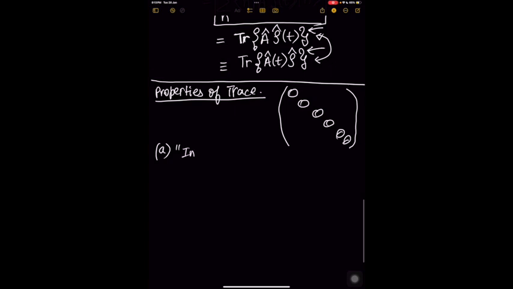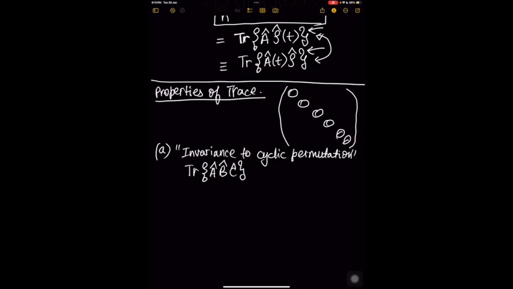it's the invariance to cyclic permutation. So what does that mean? Let's just say you take the trace of 3 operators, A hat, B hat, C hat.